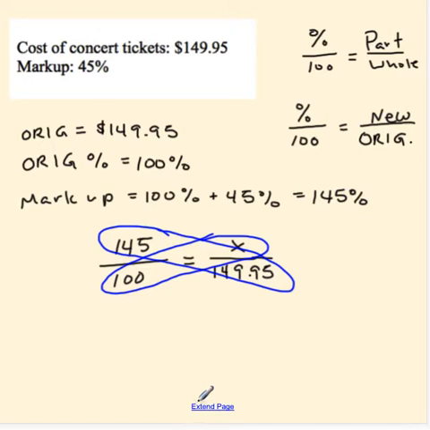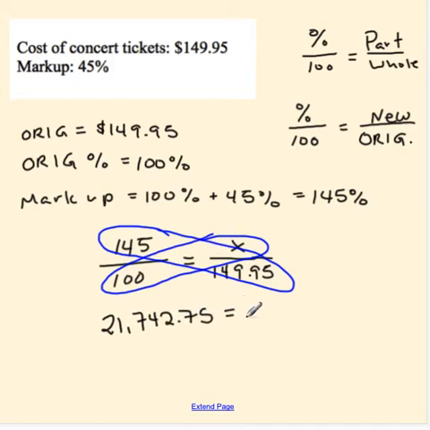Okay. And I'm pulling out a calculator right now because I don't know what 149.95 times 145 is. I mean, I could probably estimate it, but let's just do it. You'll have a calculator, so go ahead and do it. 149.95 times 145, and I got this glorious number here, 21,742.75.